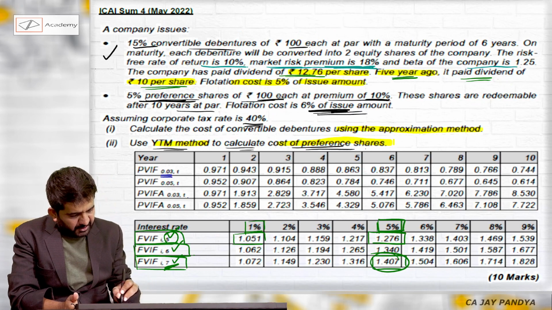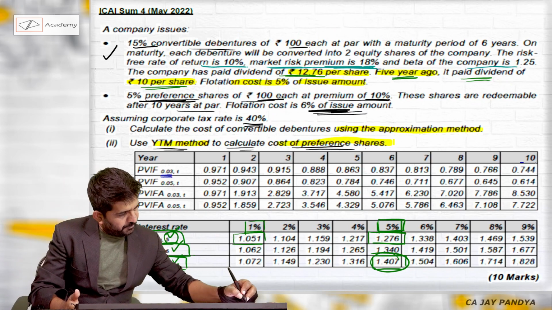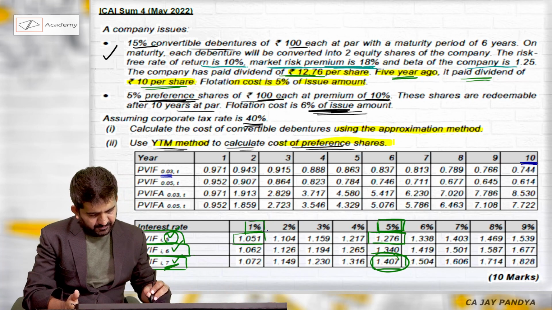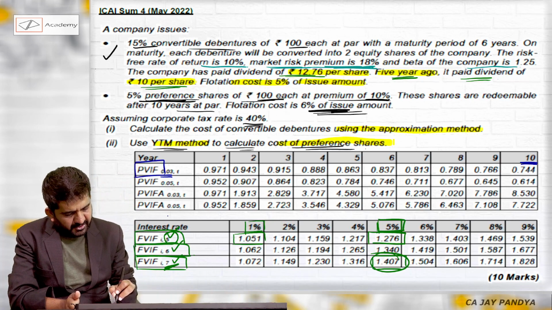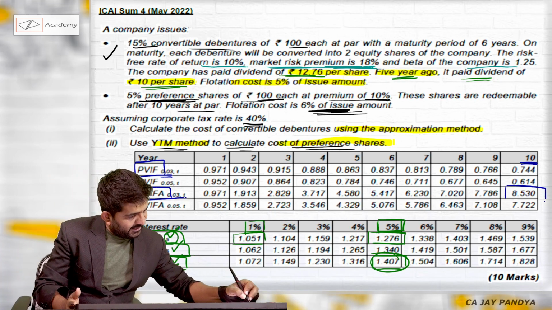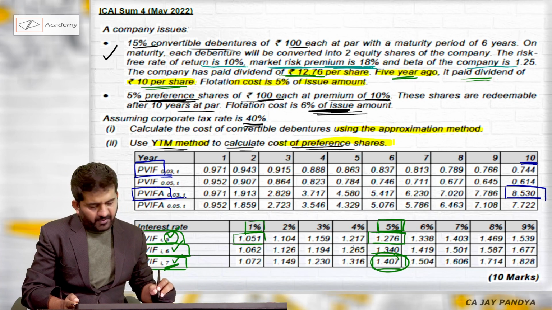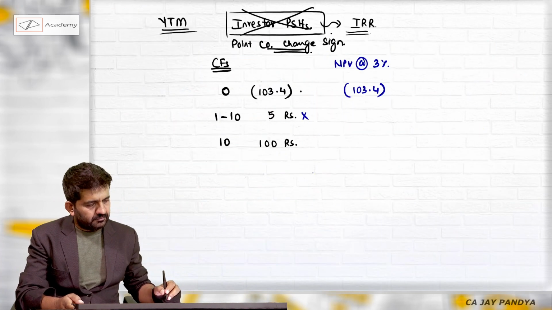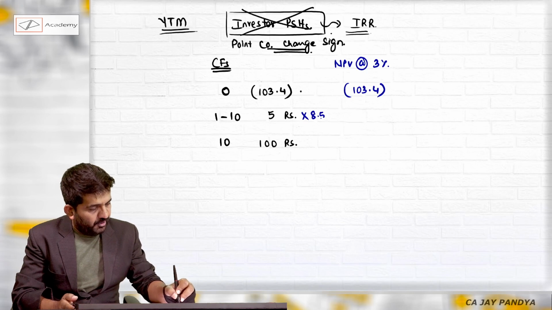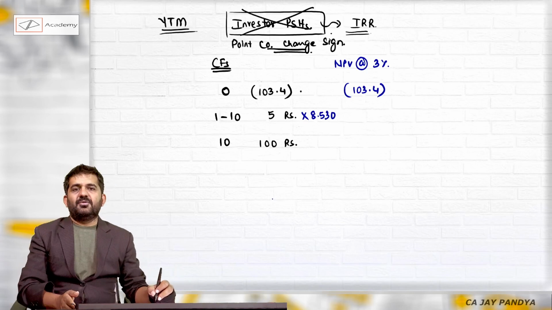At the rate of 3% for the period of 10 years, I want annuity. I don't want present value interest factor. I want annuity. So I can take directly this 8.530. What is this?